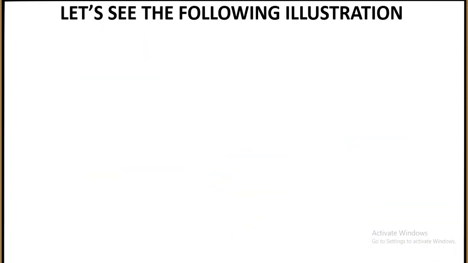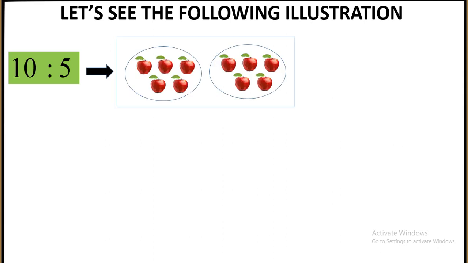Let's see the following expression as the basic understanding for all of us. 10 divided by 5, we see in a pictorial representation like this. 10 apples are grouped into 5 and 5, so we have two groups.